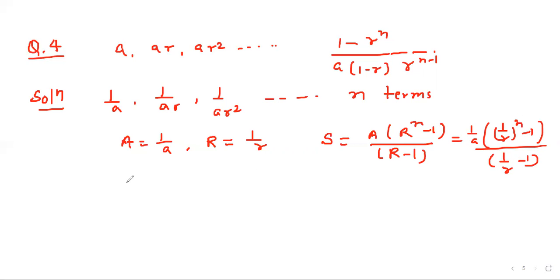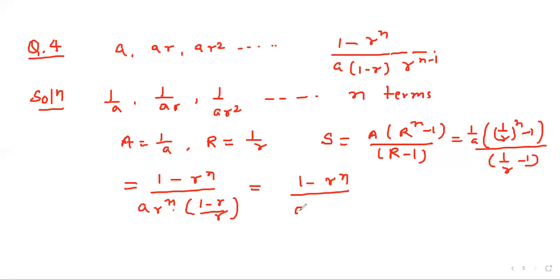So we simplify, we get 1 minus r power n divided by a times r power n into 1 minus r divided by r. So here r power n, here r power 1, so it will become r power n minus 1. So we further write r power n divided by a r power n minus 1 times 1 minus r, which is our answer. Now let's consider next question.